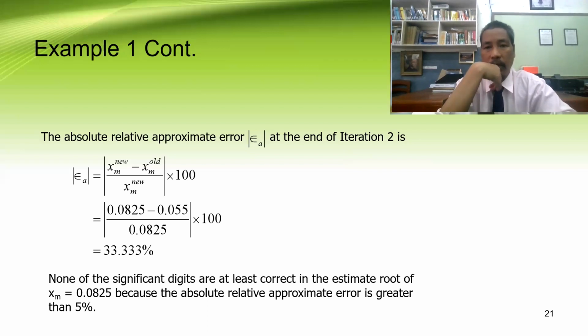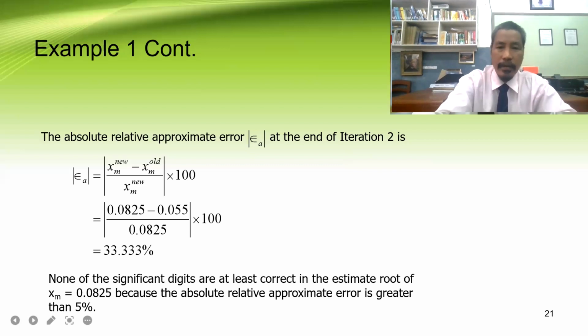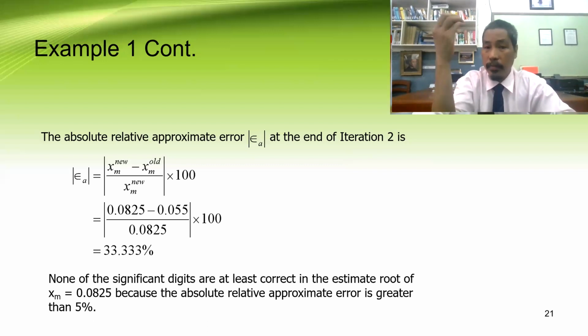Because it is greater than 5%. Okay, so for one significant digit, 50 is greater than 33. For zero significant digits, because if one significant digit, that is 1, so 2 minus 1 is the exponent. 2 minus 1 is 1, 10 to the 1 is 10, and 10 times 0.5 is 5.